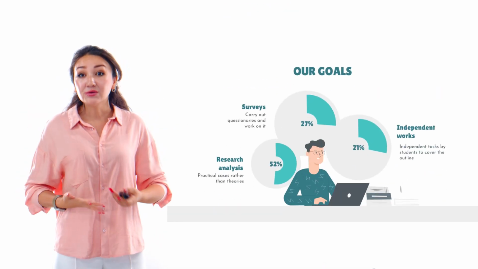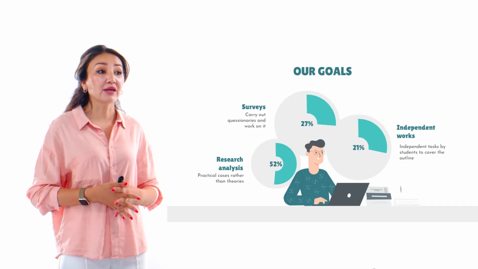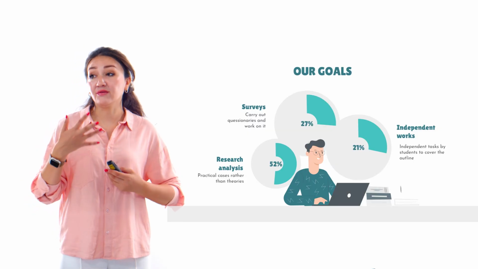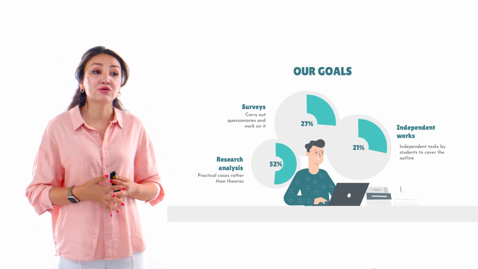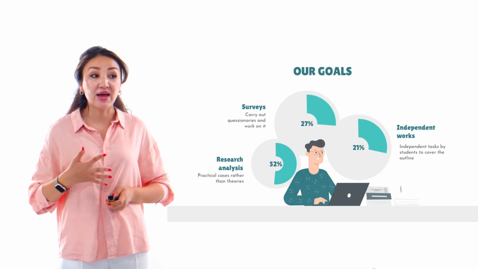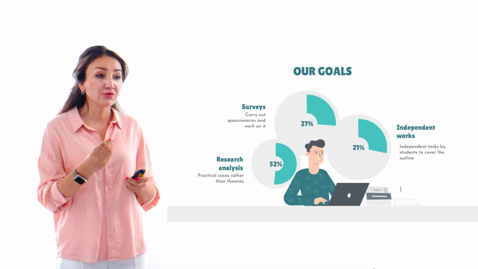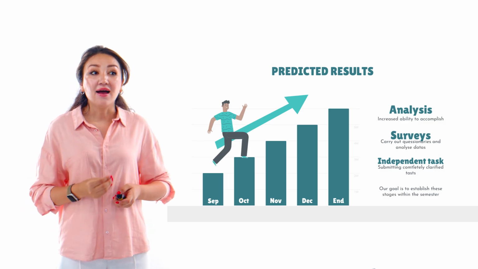So our goals during our class are that we have to do analysis and make surveys. If it comes to qualitative research, we need to carry out surveys, and definitely you have independent tasks where you have to focus on how to do a complete research.